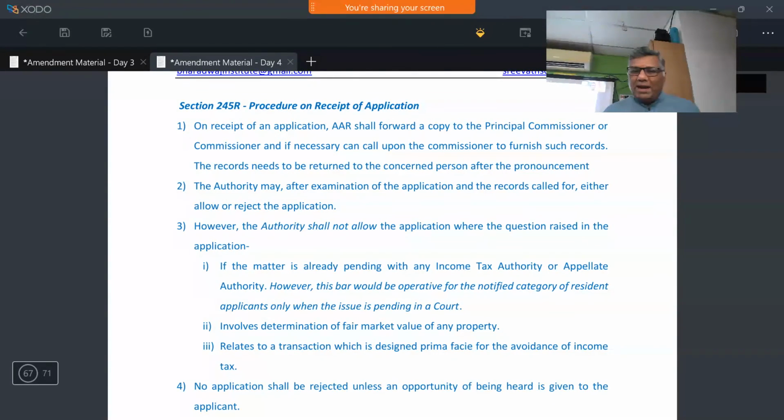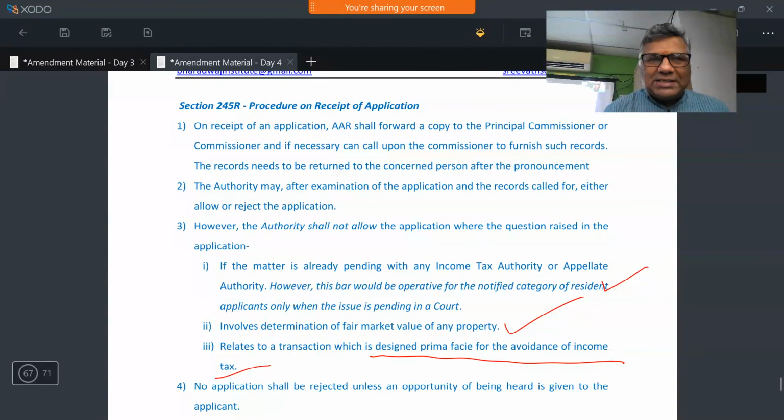Where a matter is pending with the court or appellate authority, I will not take it up. Where it involves fair market value, I will not take it up. Where it relates to a transaction designed prima facie to avoid tax, I will not take it up. In these three cases, I will reject your application.